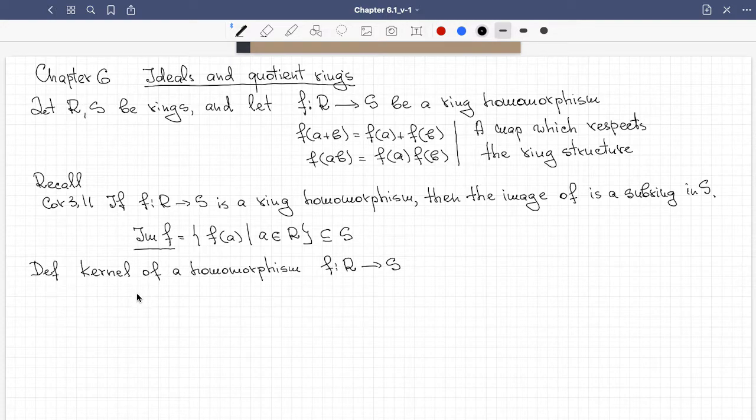So kernel of f is the set of all elements from the ring R such that f of a is 0 in S.